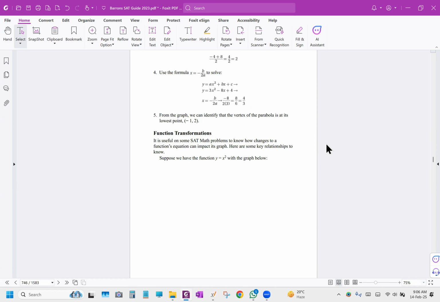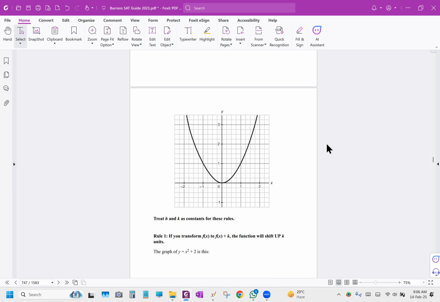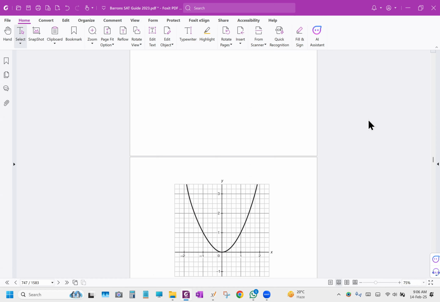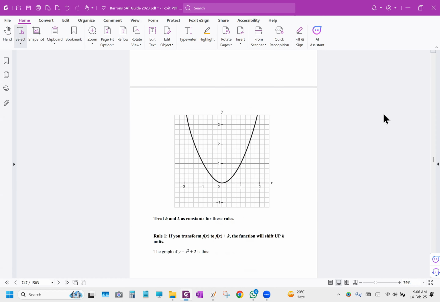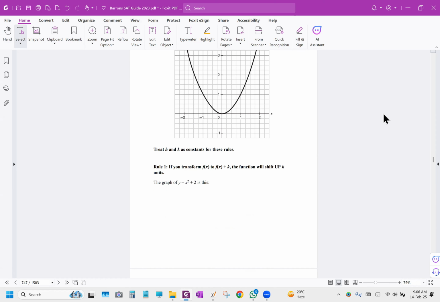What is the meaning of function transformation? Function transformation means that we are given a function, and then you just need to give it a different form.